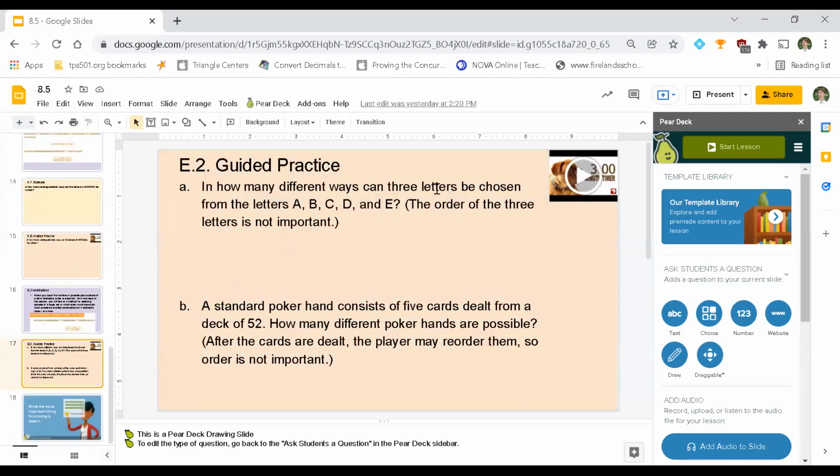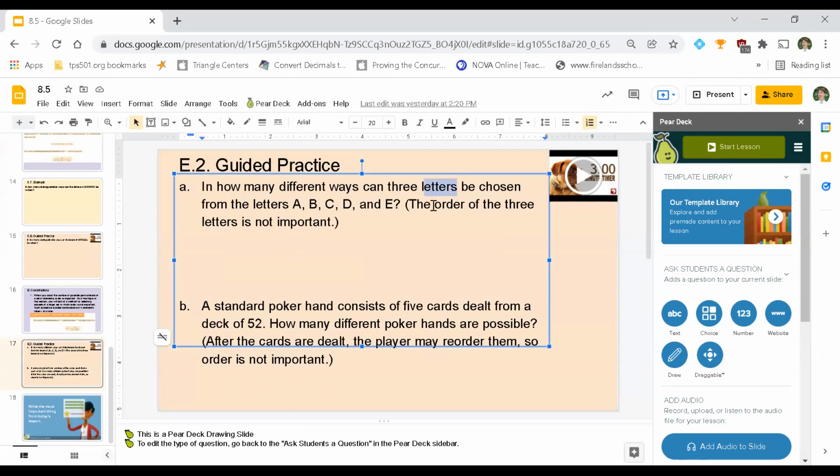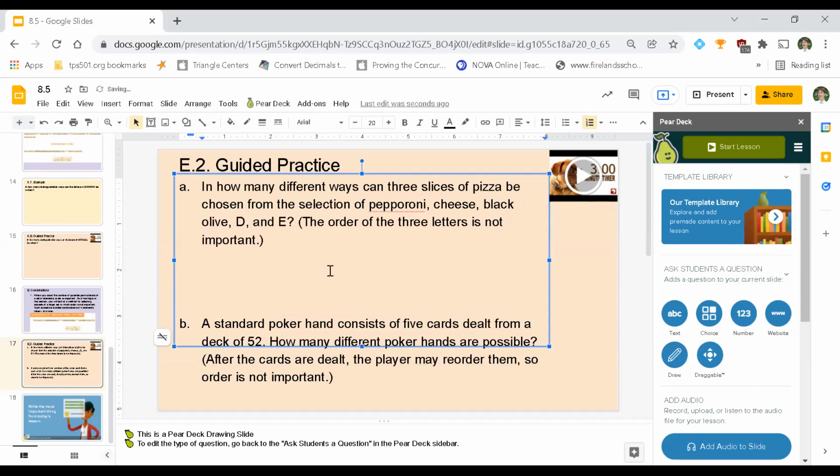And how many different ways can 3 pizzas be chosen from the selection of, all right, pepperoni, cheese. What's another one? Black olive. People like black olive. What's another pizza? One topping. Sausage. Sure.